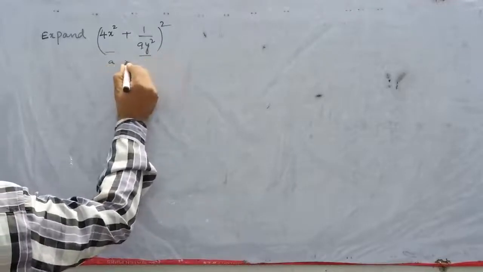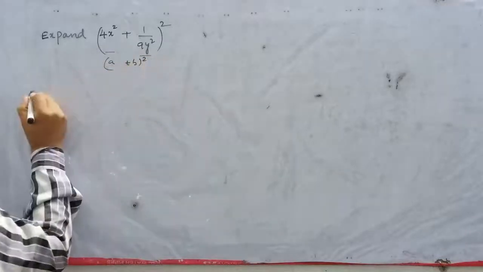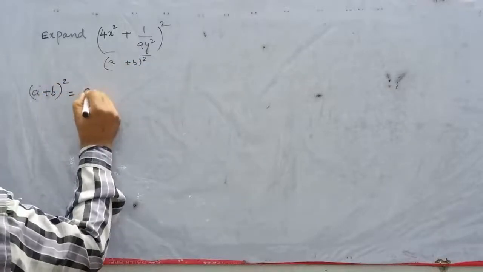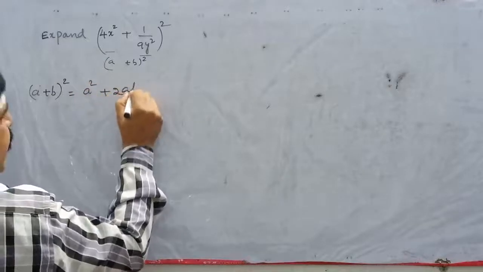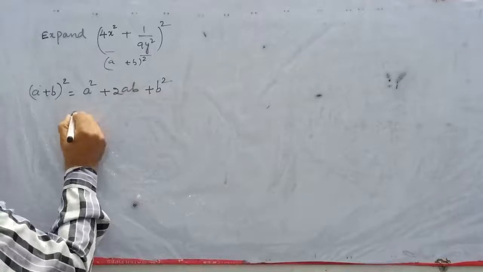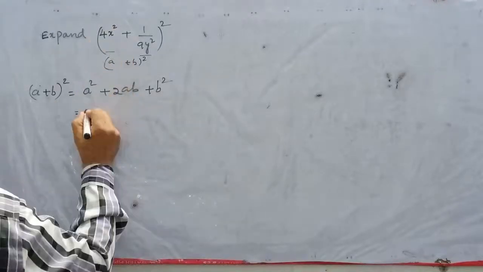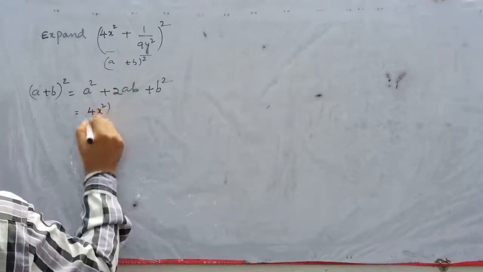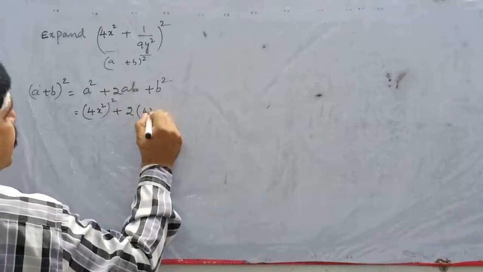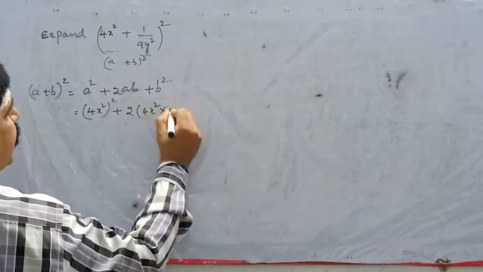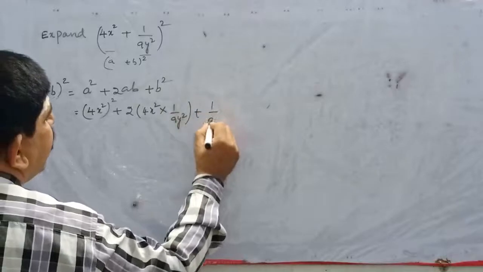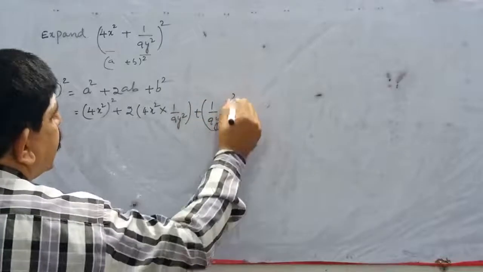So (a plus b) whole square is a square plus 2ab plus b square. A square, A is 4x square. So (4x square) whole square plus 2 into a, 4x square, into b, 1 by 9y square, plus b square is (1 by 9y square) whole square.